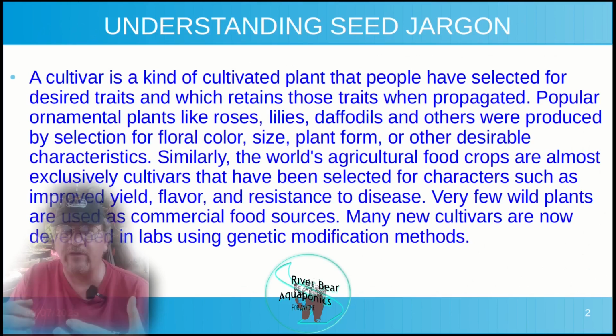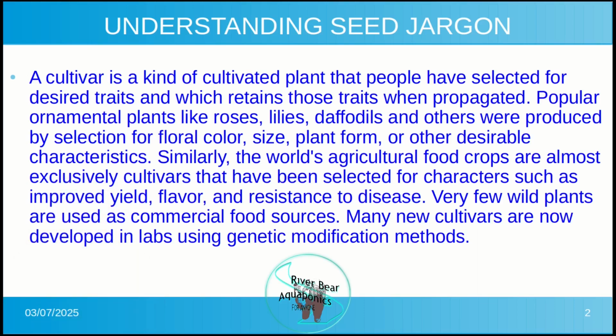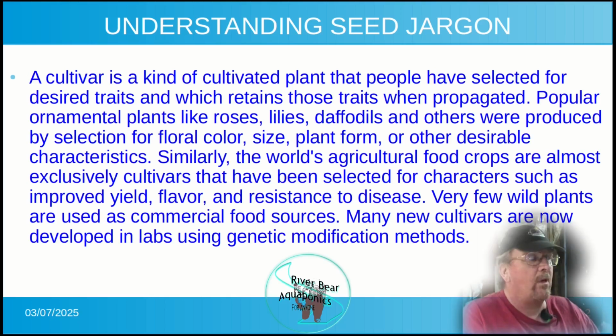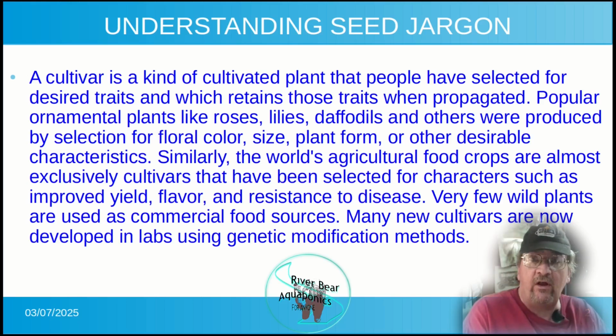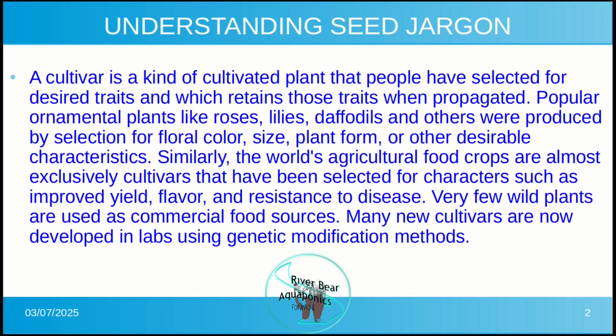A cultivar is a kind of cultivated plant that people have selected for desired traits and retain those traits when they're propagated. Popular ornamental plants such as roses, lilies, daffodils, and many others were selected by their floral color, size, plant formation, and other desirable characteristics.